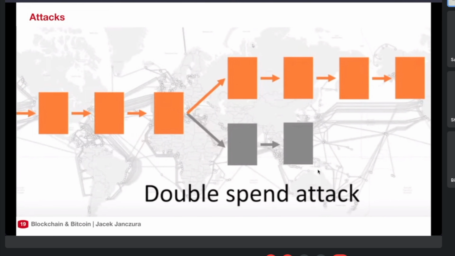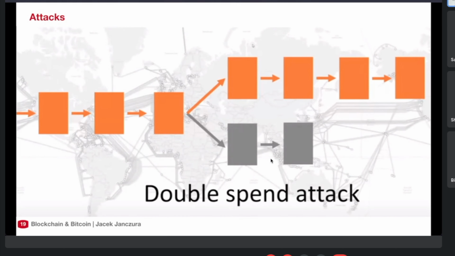Let's say Australia was responsible for 10% of all hash rate, which is the power in the network, and 90% was in the rest of the world. The 90% will come up with new blocks faster than Australia, and the blockchain of the rest of the world will be different.